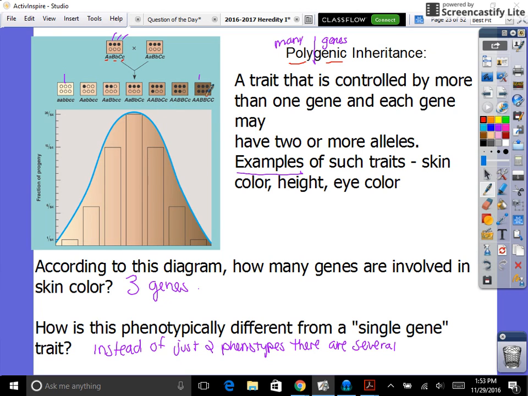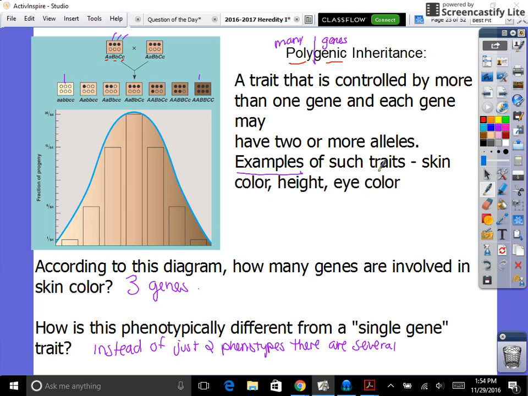If you look at this individual, they have all of the dominant alleles, and therefore they're producing all of the melanin and therefore the dark skin color. So among a population, you can see this medium skin tone is kind of the most popular. So this is a bell curve, so it usually shows a range of phenotypes.